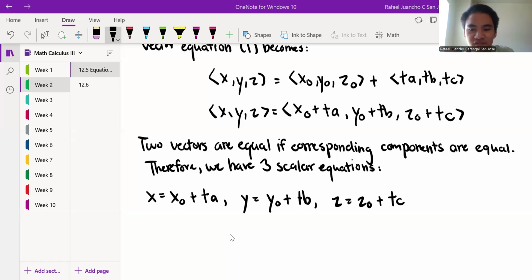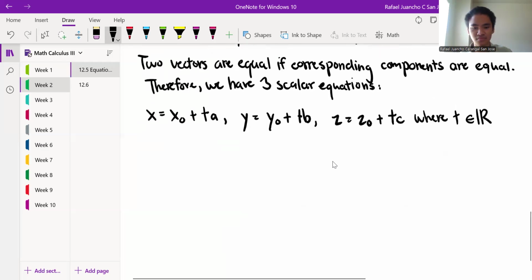Oh, he wrote it in reverse. He did At, Bt, Ct, but that's fine. And here we say t is any real number. Okay. And these equations are called parametric equations. So we've heard of that from pre-calculus, from algebra.